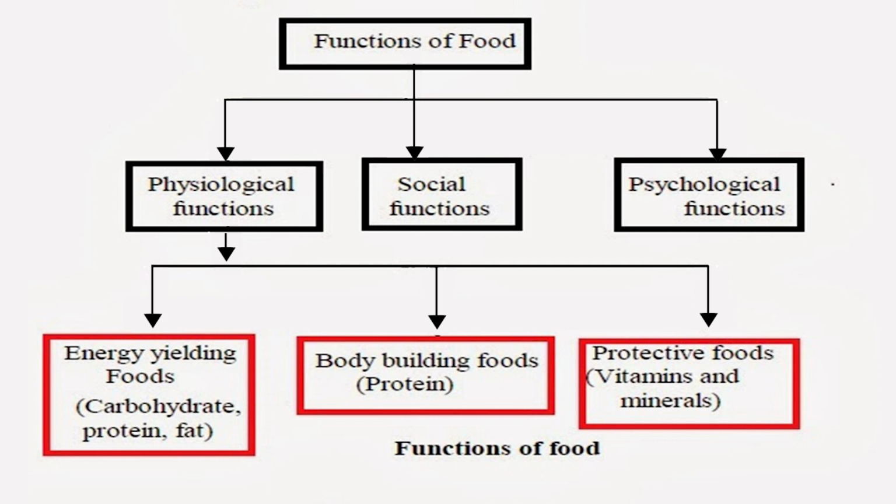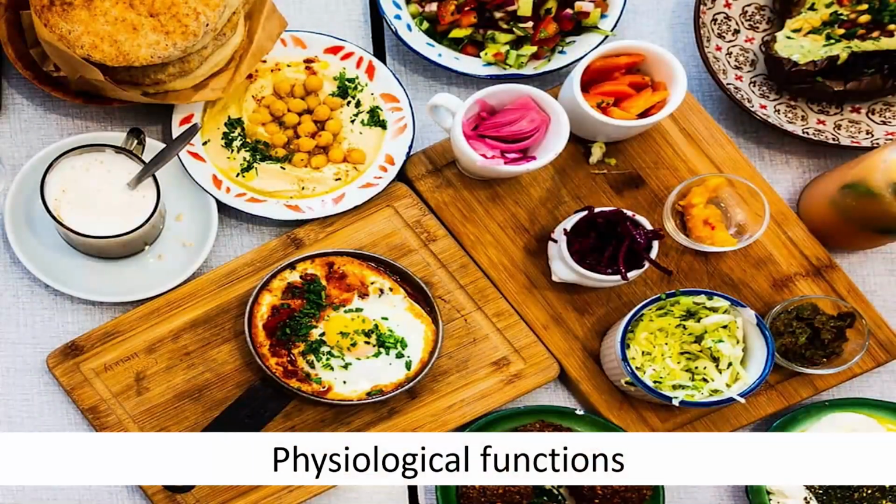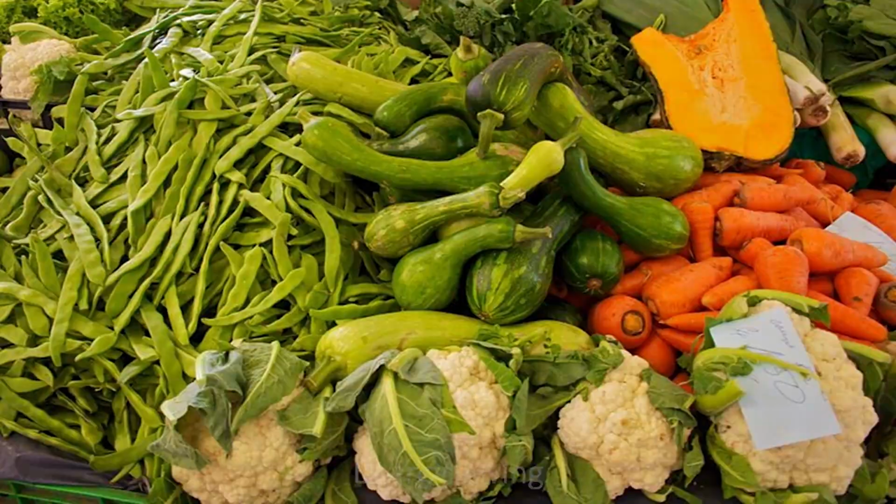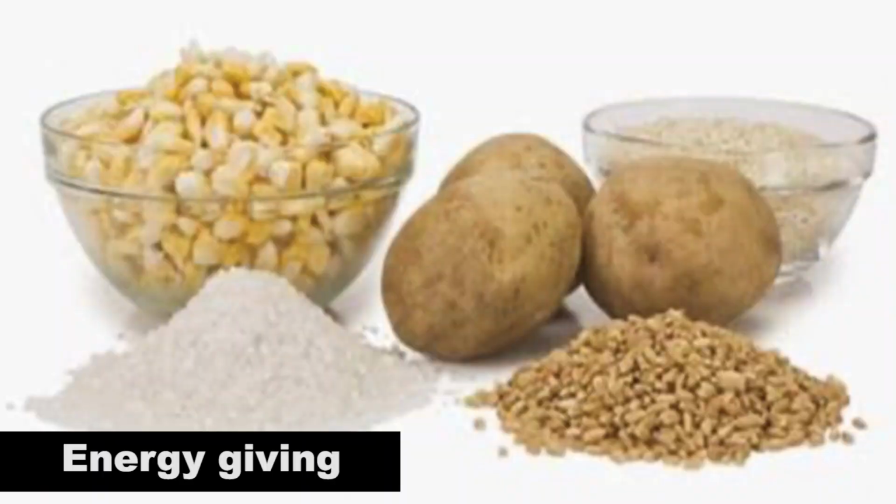Apart from the physiological functions, food has very important socio-cultural functions and psychological functions. The need for emotional acceptance is also met by food itself. So let us then look at what are the physiological functions, starting with the energy-giving function of food.